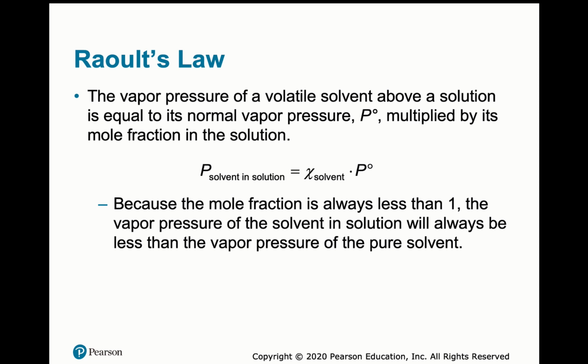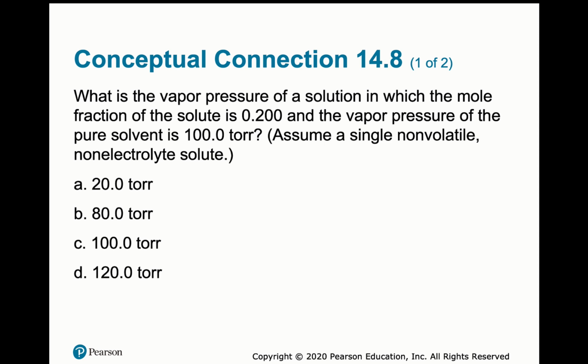Raoult's law says the vapor pressure of the solvent in solution is the mole fraction of the solvent times the normal vapor pressure at that temperature that the solvent would normally have. So, a conceptual connection here.